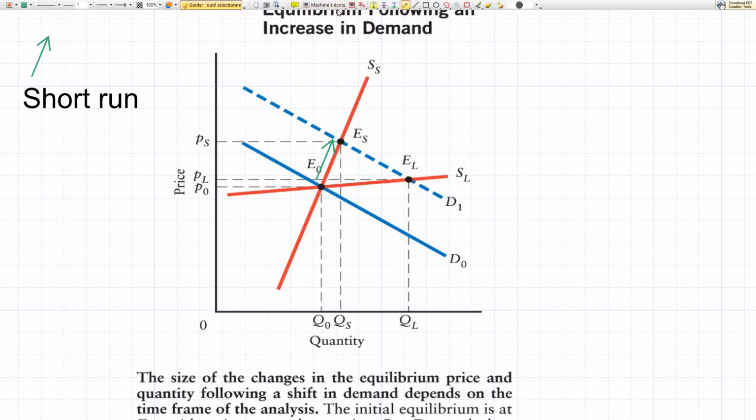But then in the long run, let me put that in yellow.